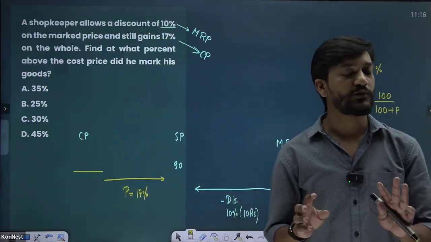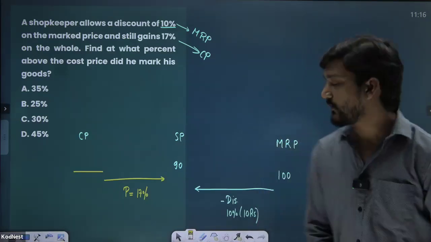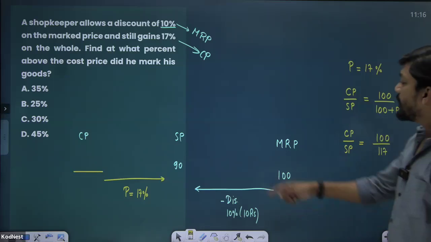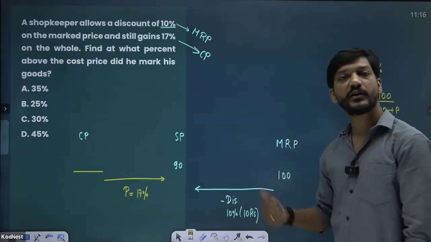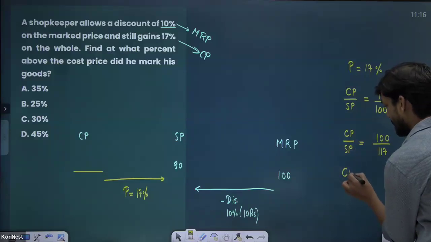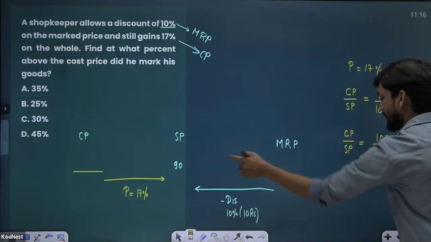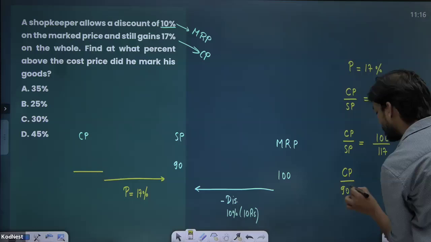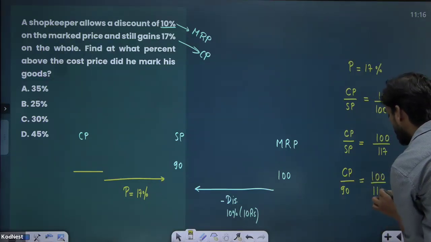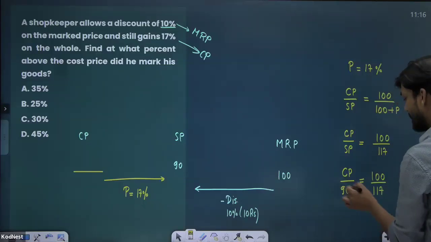So when you are confused, when you are not getting anything, create a relation using the percentage, and then put whatever value is given. So cost price by selling price 90 rupees equals 100 by 117. Now let's simplify this.